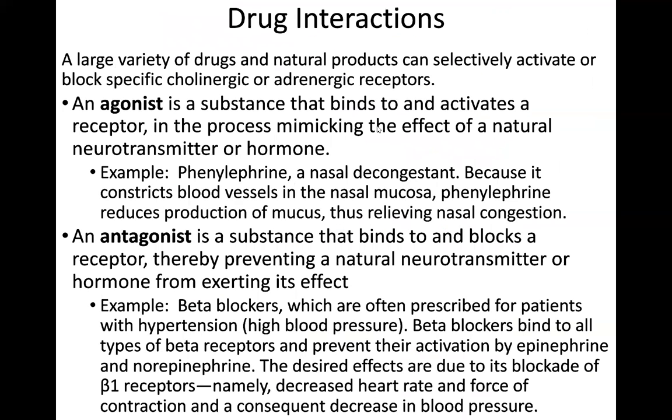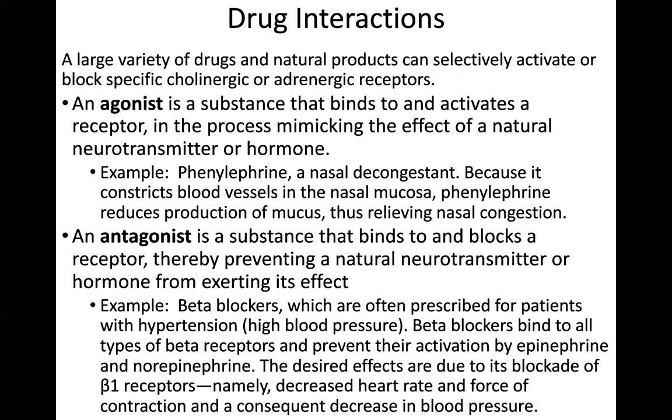Now, last week I mentioned that certain medicines and chemicals can interact with neurotransmitters and the receptors that receive those neurotransmitters. And a large variety of drugs and natural products can either selectively activate or block cholinergic or adrenergic receptors.